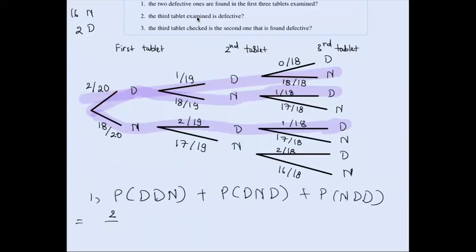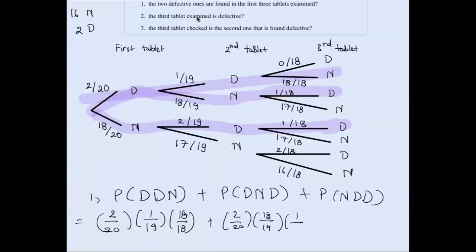So I would have 2 over 20, 1 over 19, 18 over 18. And then defective, non-defective, and defective is this path here. I also start with 2 over 20, 18 over 19, and 1 over 18.